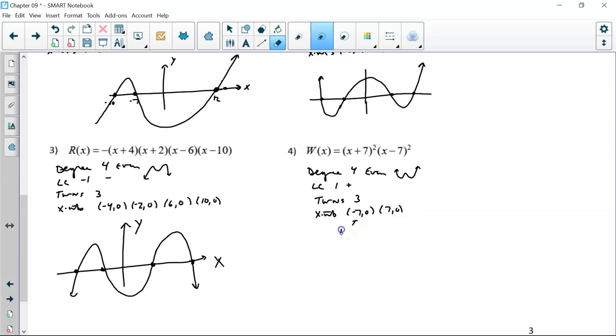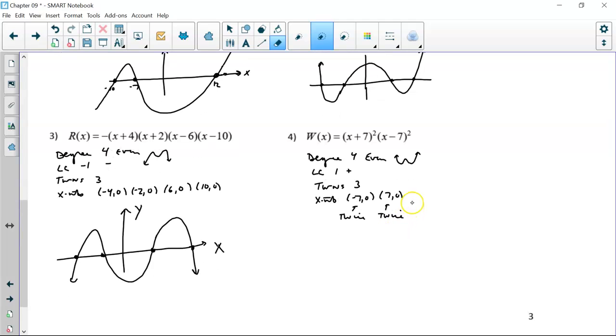Now they're both repeated twice. They have a multiplicity of 2, which means at those points they're going to bounce. So here's my -7, and here's my +7. In order for it to have this shape, it's going to start up, bounce at the -7, go back up, turn down, bounce at the +7, and go back up. And that's a quick sketch of our graph.